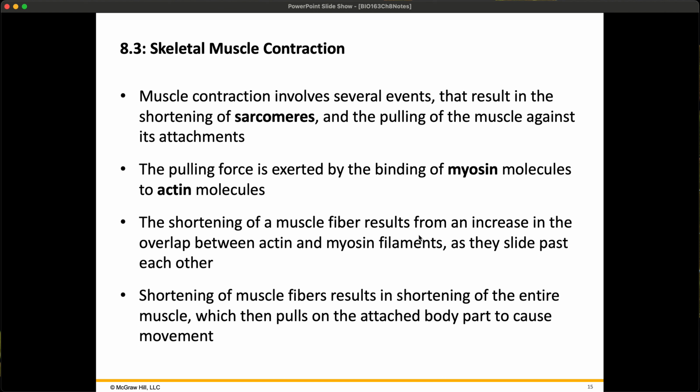As they shorten, there's increasing overlap between actin and myosin filaments as they slide past each other. Shortening the muscle fibers results in shortening the entire muscle, which pulls on the attached body part to cause movement. Each of these little sarcomeres is going to shorten on its own, and then collectively you end up shortening and engaging your whole muscle.